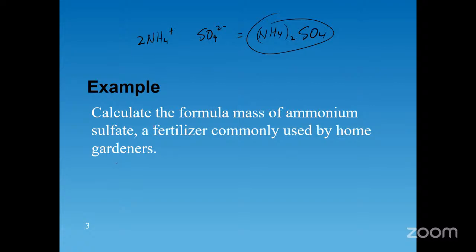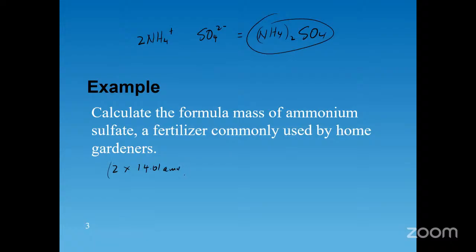So to get the formula mass, we have to look up the atomic masses of the different elements and add them up according to the formula, right? So based on the formula here, I see that there are two nitrogens. So I will take 2 multiplied by the molar mass of nitrogen, which is, if I remember correctly, 14.01 AMU.